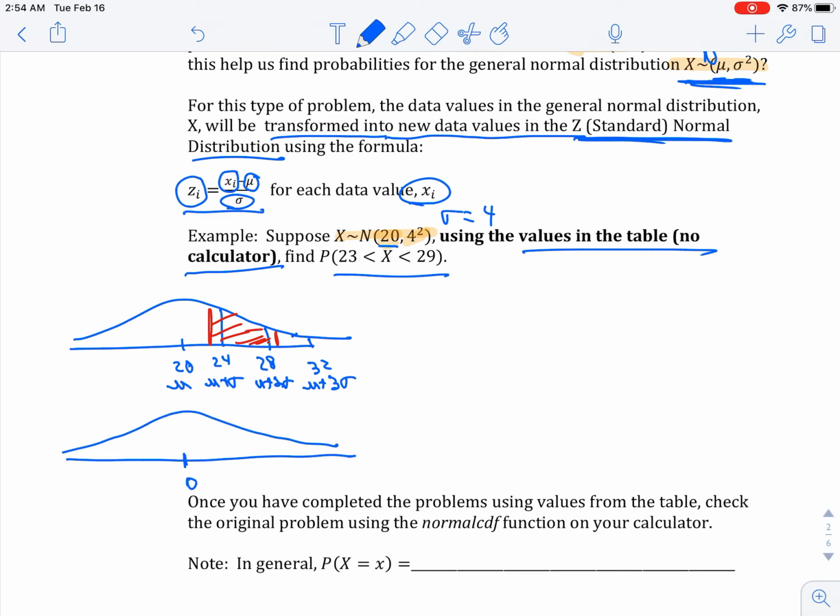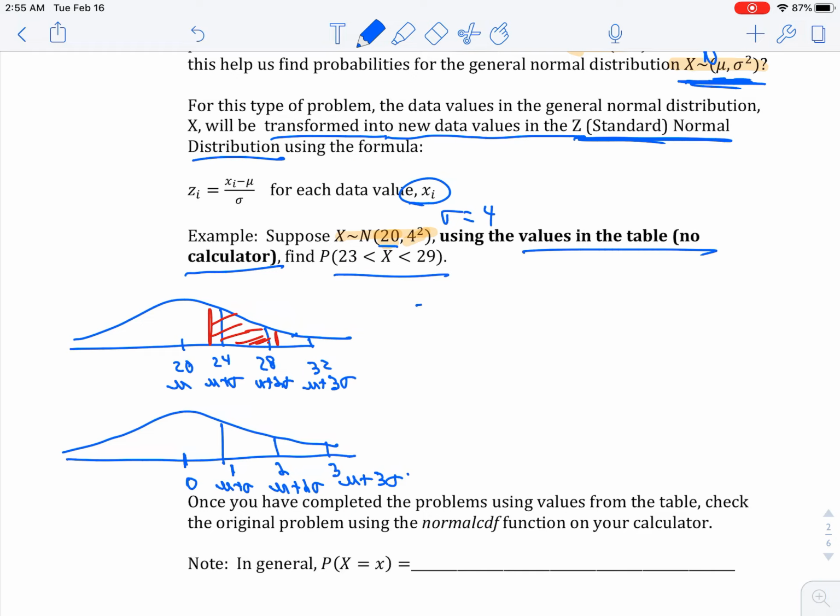Remember, on the standard normal, mu plus sigma would be 0 plus 1, which is 1, and mu plus 2 sigma would be 2, and mu plus 3 sigma would be 3, and so forth. Okay, so we're going to use this transformation formula right here, that our z value is going to be our x value minus mu divided by sigma.